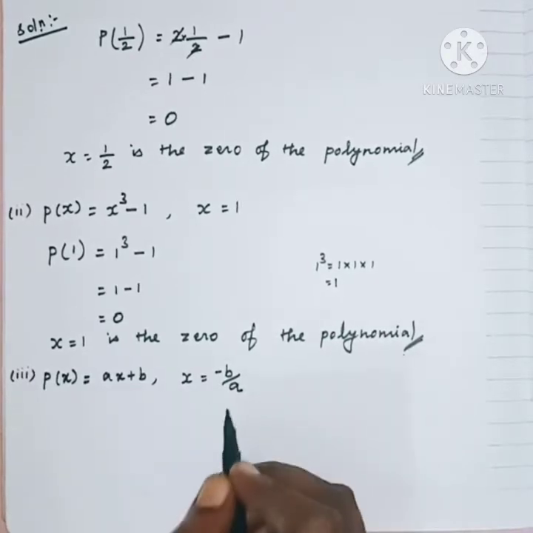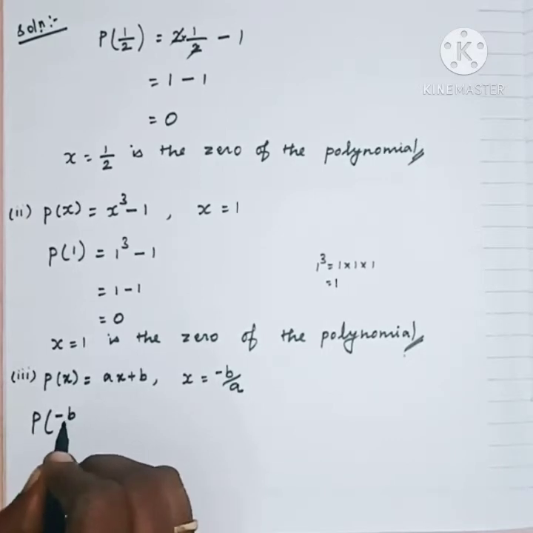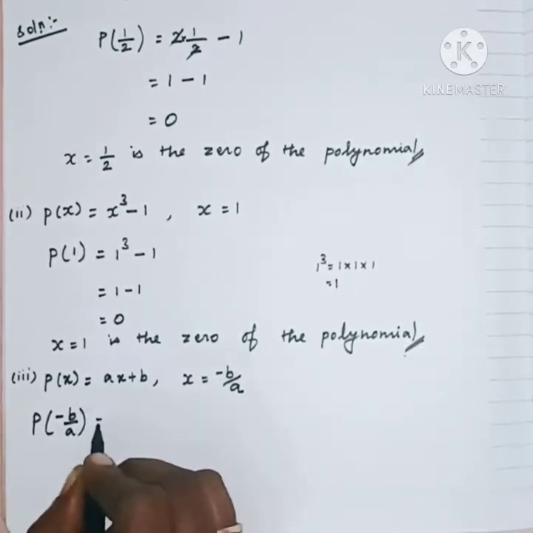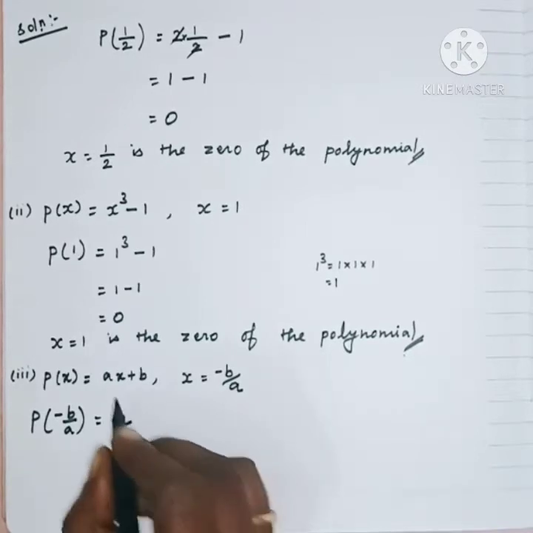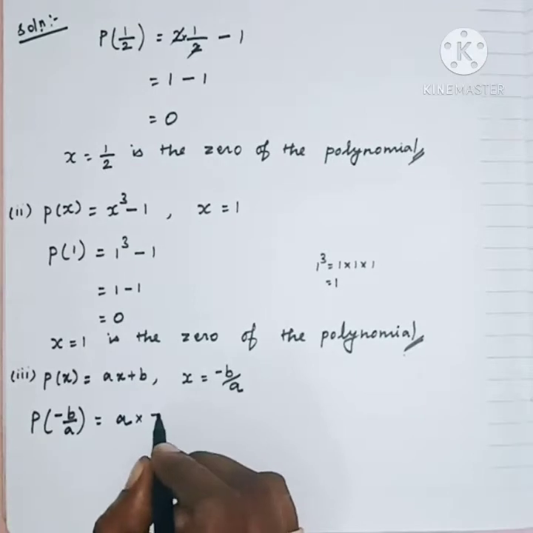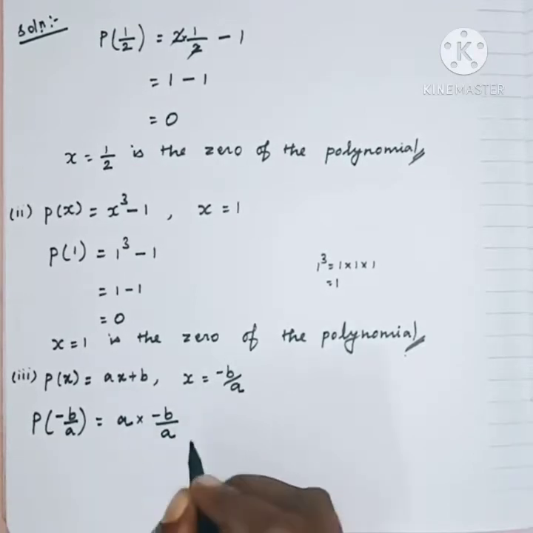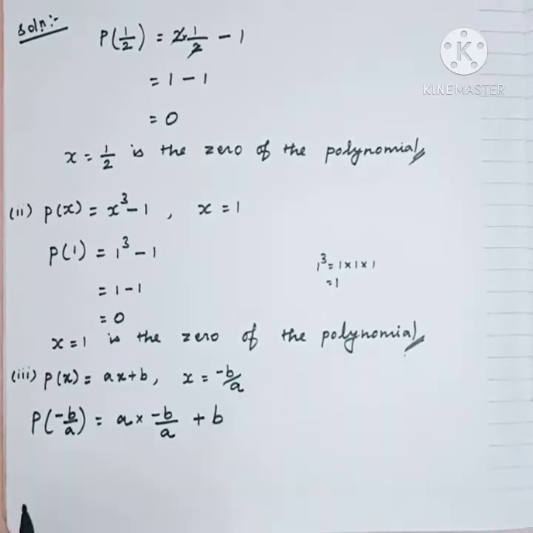For this, we have to substitute the value x is minus b by a. So instead of x, we substitute minus b by a. So a into minus b by a, here we have plus b.